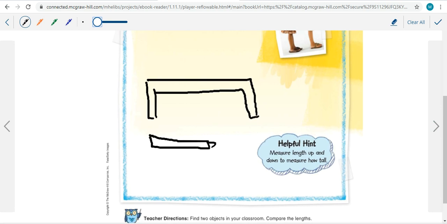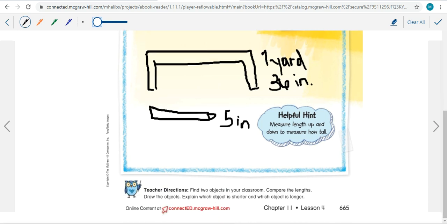Okay, now let's say that the teacher's desk is 1 yard long, which is equal to 36 inches, right? Now let's say that the pencil is only 5 inches. So we are going to figure out which object is longer, okay?